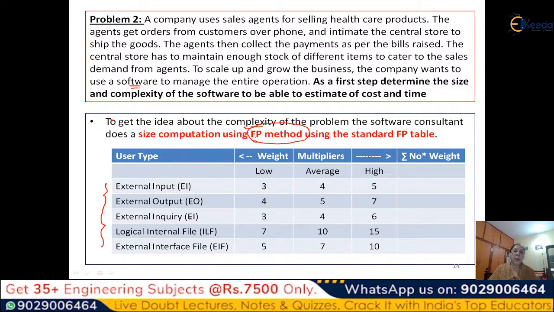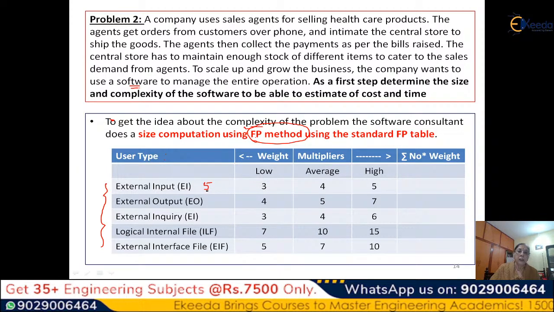For these 5 types, we have to determine how many are there. And for each one, suppose I have 5 like this, I have to say out of these 5, how many are low, how many are average, and how many are high. That means the complexity of each external input I have to express in low, average, and high.